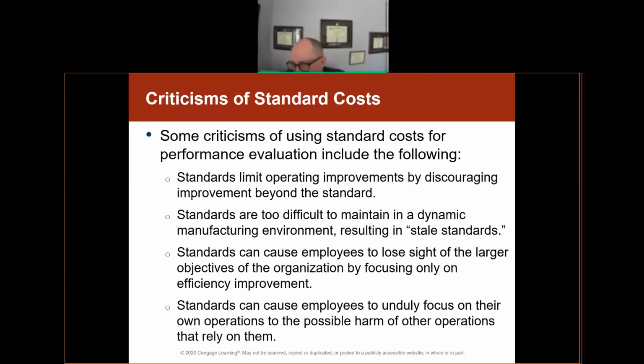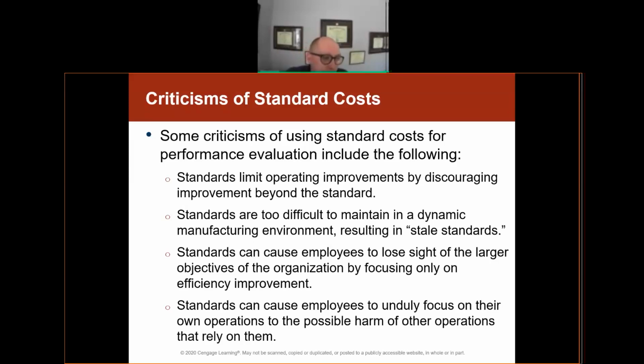I'll say this much. From my experience, setting standard costs is really important. Why, you might ask? It provides you with a benchmark. It provides you with a reasonably obtainable goal for a cost. Setting standard costs, I personally don't see that as being a limitation for improving.